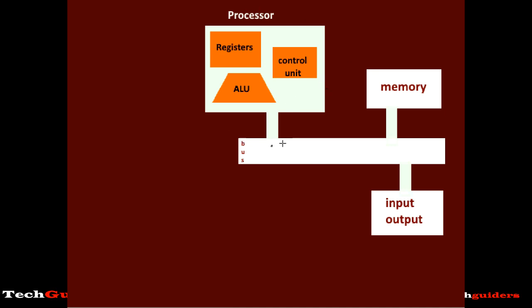And this entire processing unit is connected to the memory system and the input-output system using the external bus. And within the processor, these functional units are interconnected using an internal processor bus.